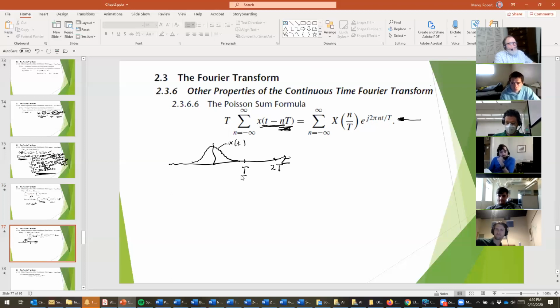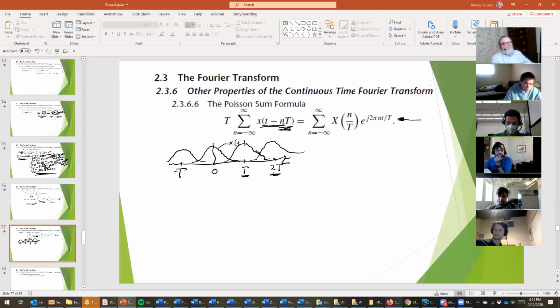So this is n equals 1, this is n equals 2, n equals 0, n equals minus 1. And what we're going to do is take our cookie cutter and replicate this signal all down the axis. I'm trying to draw exactly the same signal just being replicated all over the place.